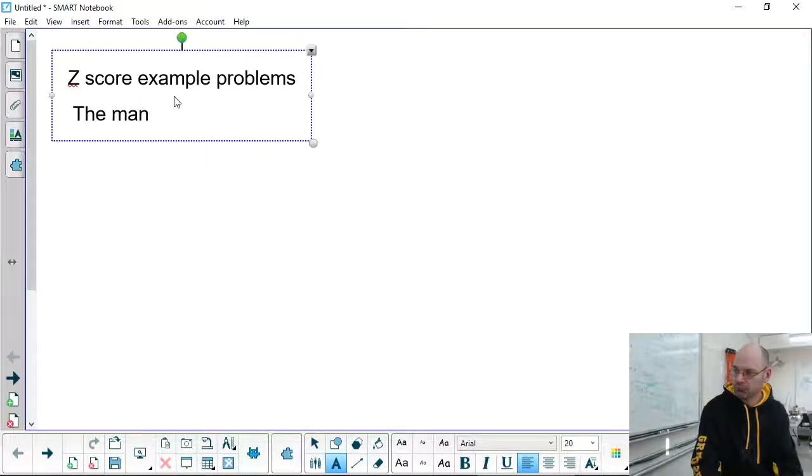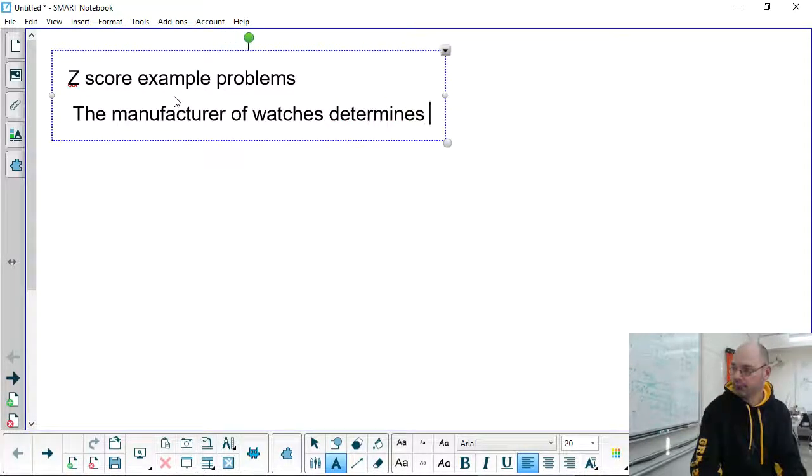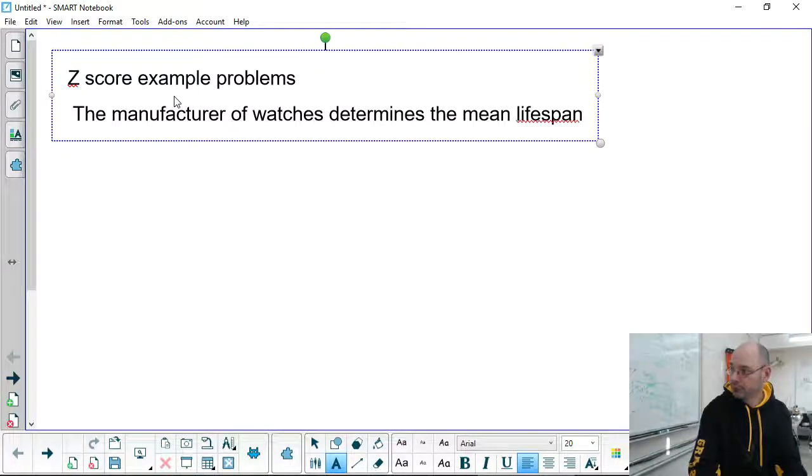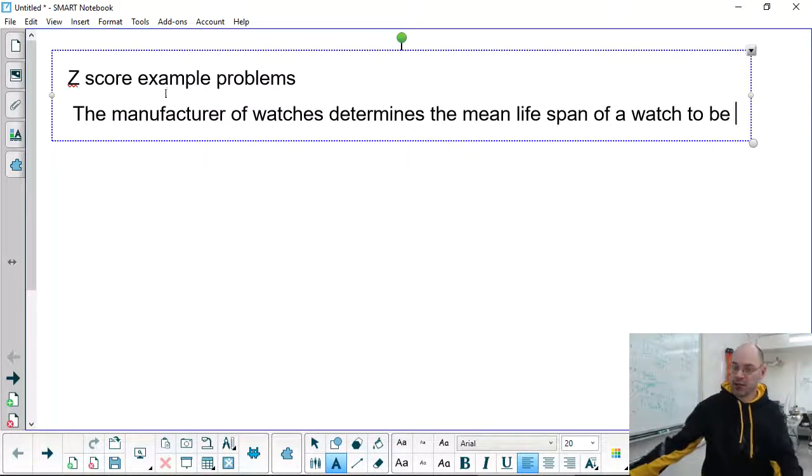The manufacturer of watches determines the mean lifespan in months of a watch could be, let's say, 75. Just hang on, I'll just pause here.